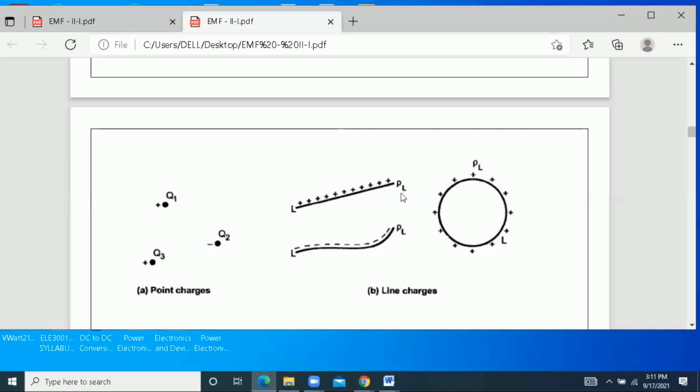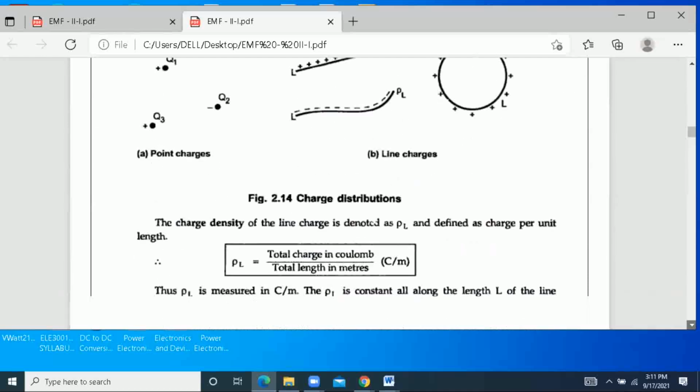And this is in coulombs per meter. It's a length. So rho L is the total charge in coulombs over the total length in meters.